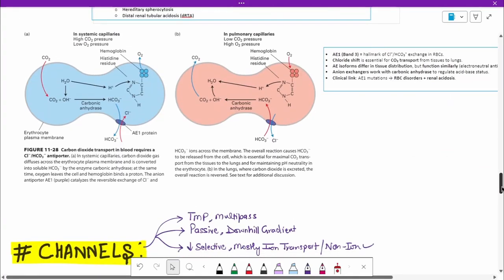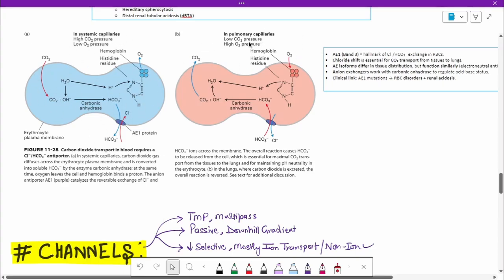In the process of breathing or gaseous exchange in respiratory physiology, we will see the details of these transporting mechanisms, the formation of these bicarbonate ions and transportation across the membrane of red blood cells. Here is our AE1 protein, which is the band 3 protein we described, and this is the antiport mechanism we can show in systemic capillary red blood cells.